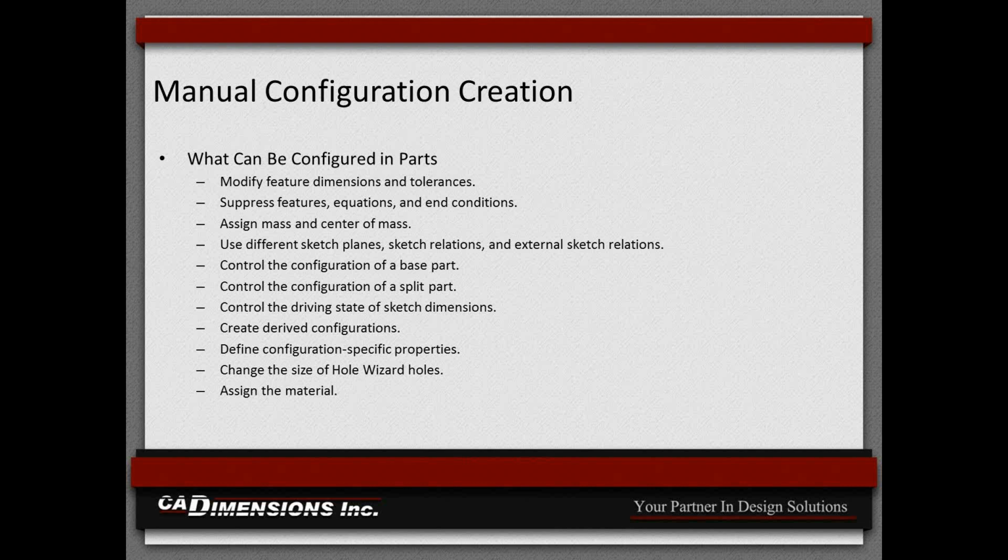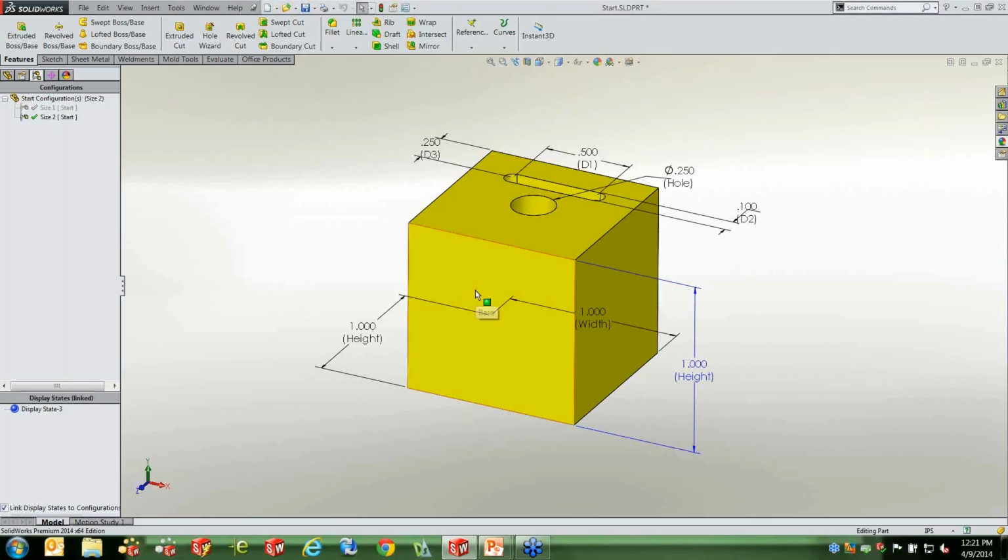So hopefully what I'm going to go through here now is to go through a majority of these and just show you where you would go to configure this particular item.